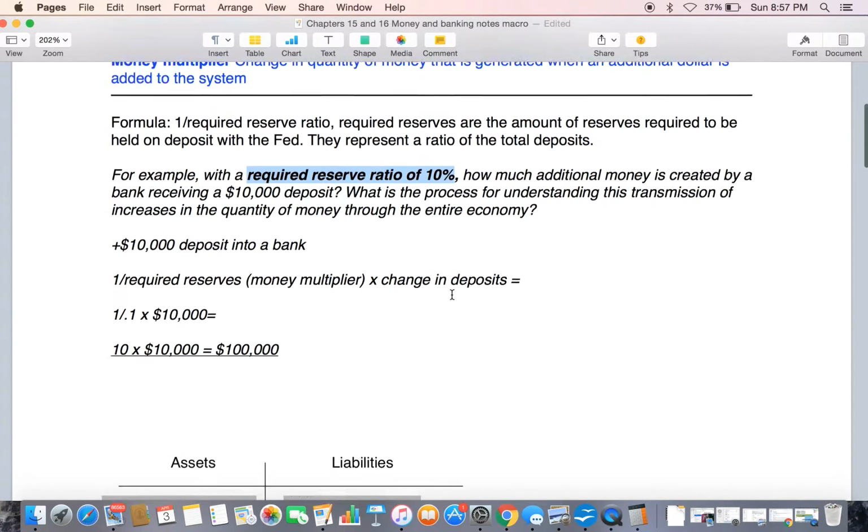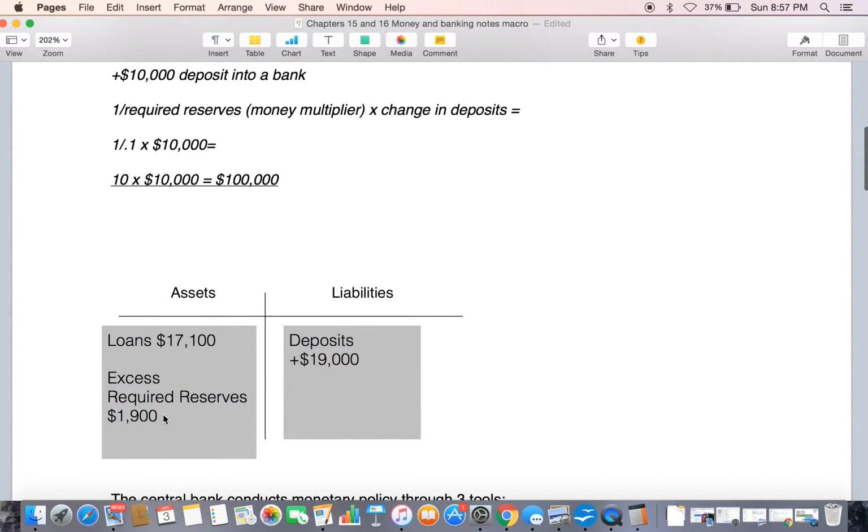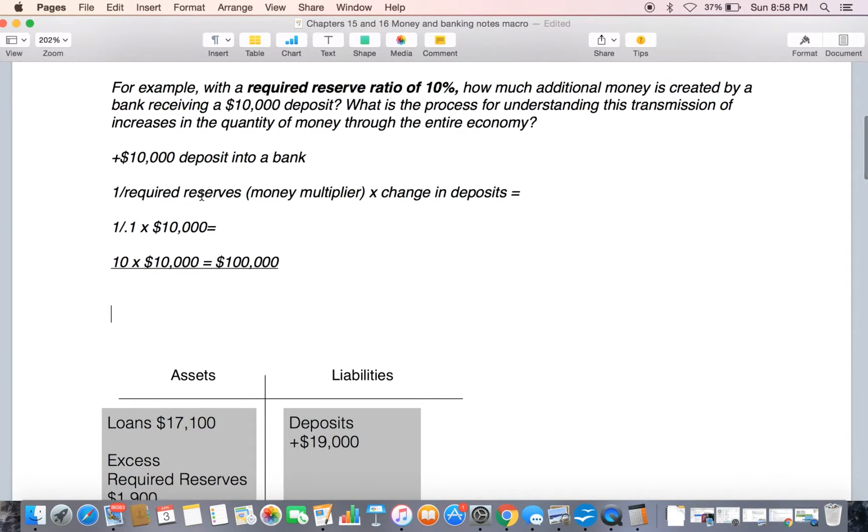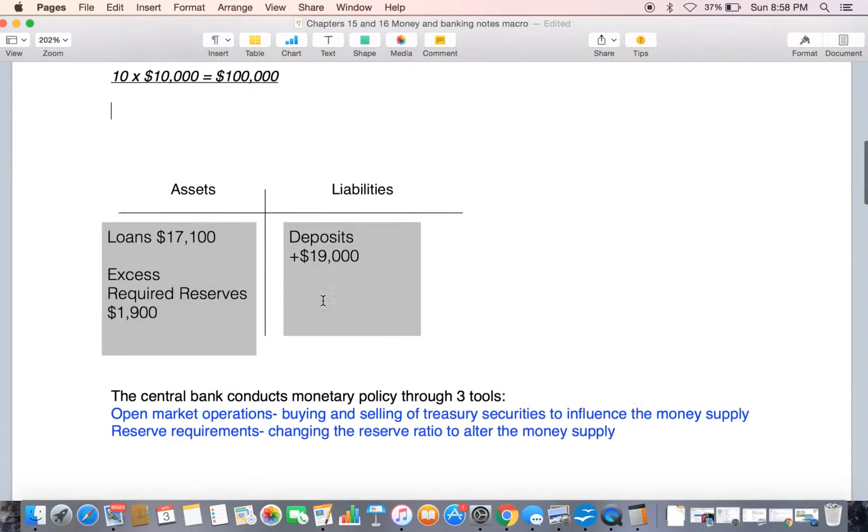What are required reserves? How are required reserves held in a bank when new deposits are made? And when a new deposit is made into a bank based on the amount of required reserves that are to be held as a deposit with the Fed, through the multiplier, how does this influence the size of the money supply? What is the change in money supply?